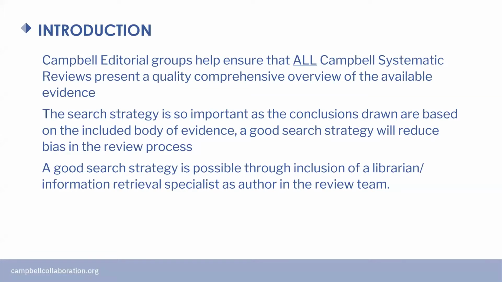And ensuring the quality of the search process is vital to reducing the risk of bias in the review process. So when a review team are planning their protocol and writing the search methods in the protocol to indicate how they plan to locate the relevant studies, there are a few types of bias they should be aware of.